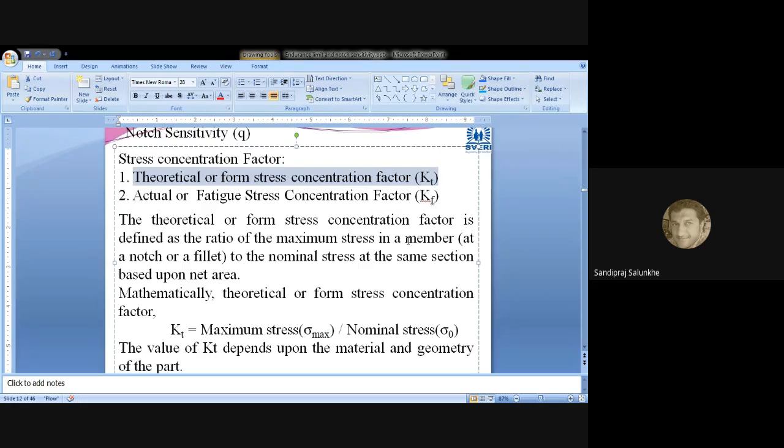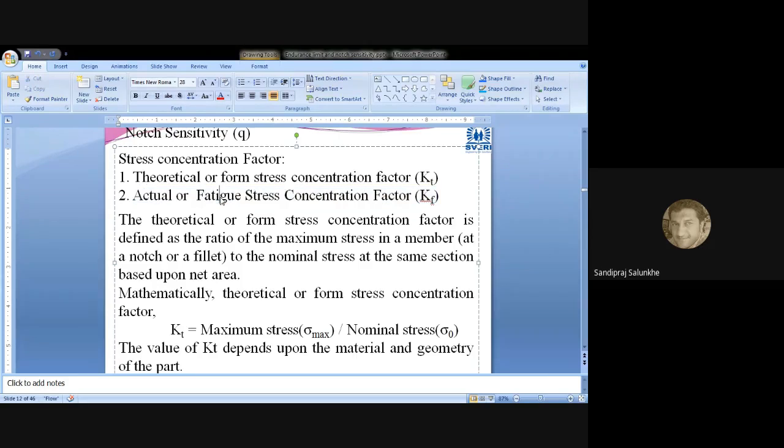As we have mentioned, the theoretical stress concentration factor is somewhat higher as compared to the actual stress concentration factor. So the first type is the theoretical stress concentration factor, and the second type is the actual stress concentration factor. It is also known as the fatigue stress concentration factor.